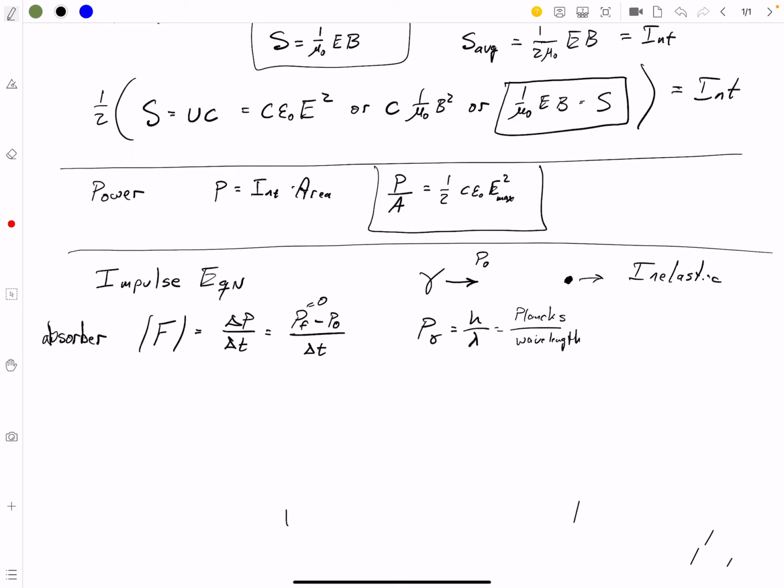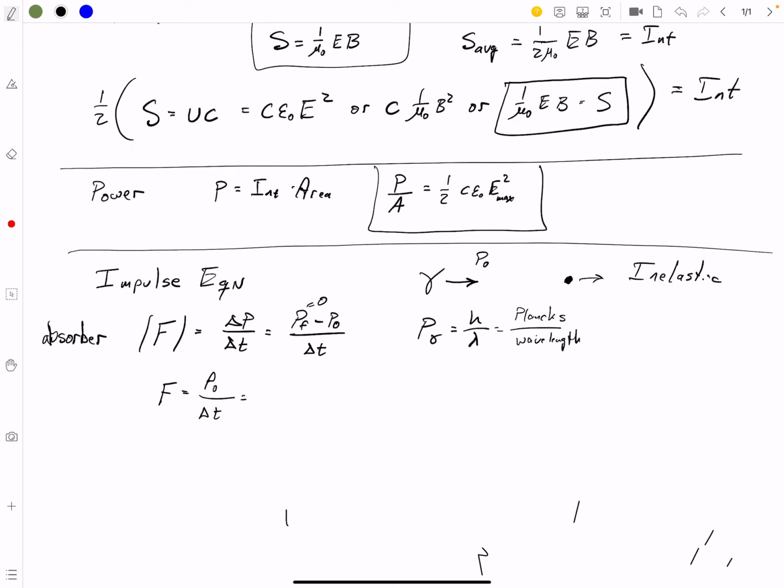So let's actually figure out what that force is. Let's just call it P naught, because we can drop the minus signs, over delta T. And because x equals Vt, delta T is equal to lambda over c.